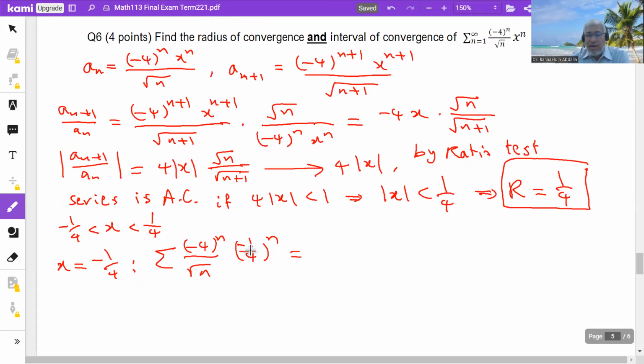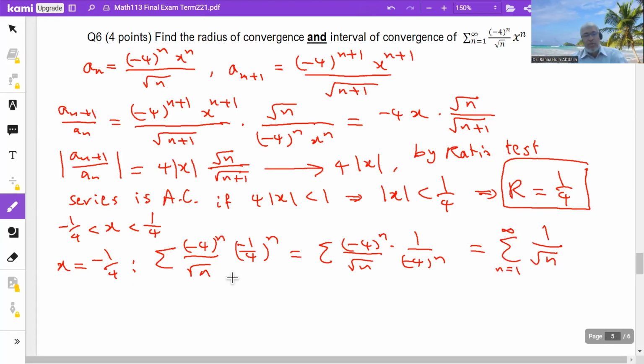Let me take the negative with the 4. So I'll have (-4)^n times (1)^n over (-4)^n, and here square root of n. So I can cancel these two, and I'll have 1 over square root of n. So this would be the series when x equals -1 over 4.